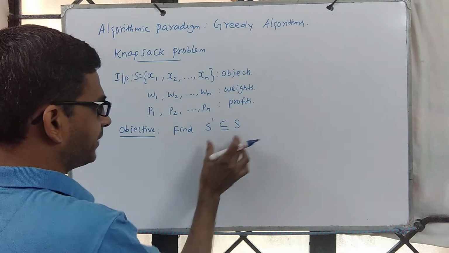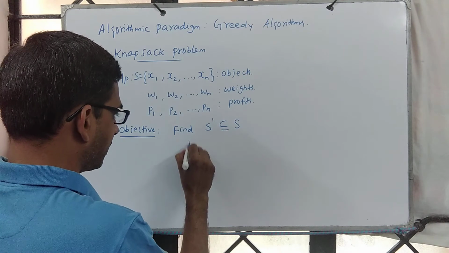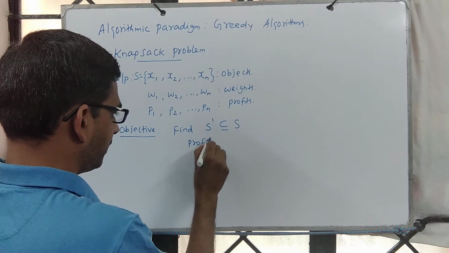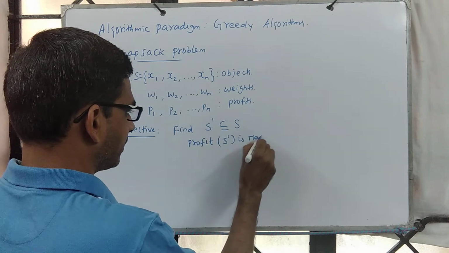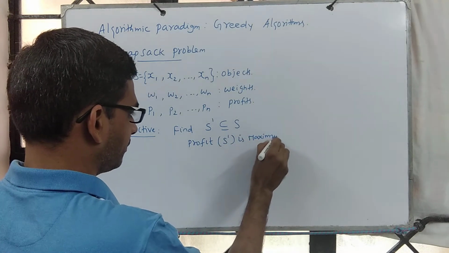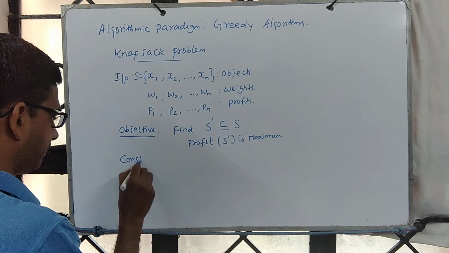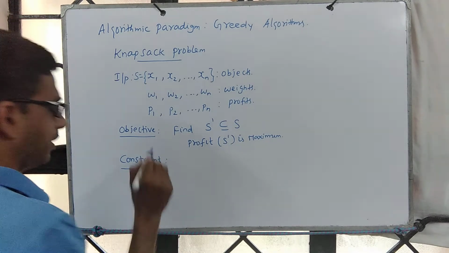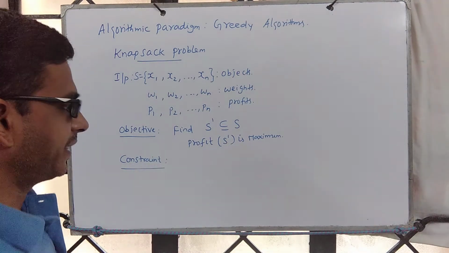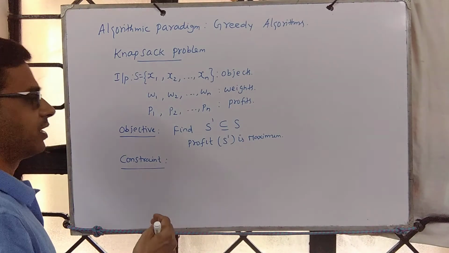So find S prime, a subset of S, such that the profit of S prime is maximum, and there is a constraint. The constraint is this. Because you have a box or a knapsack, there is a capacity associated with it, right?